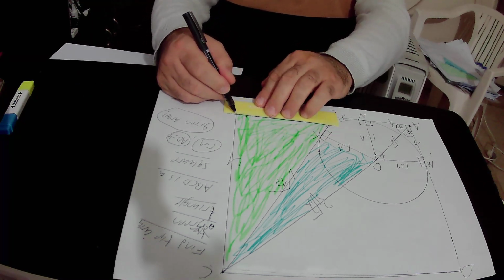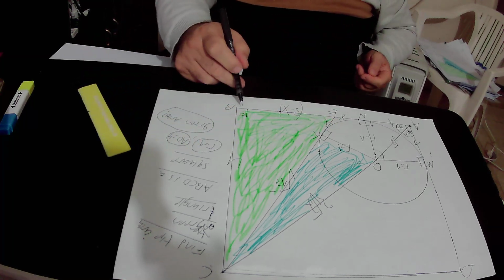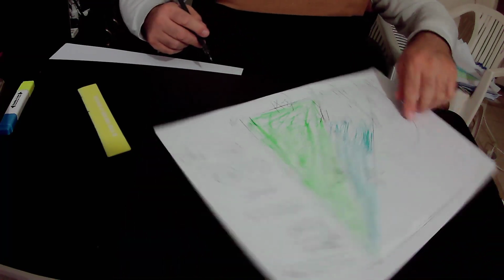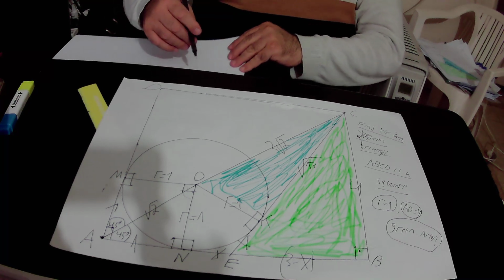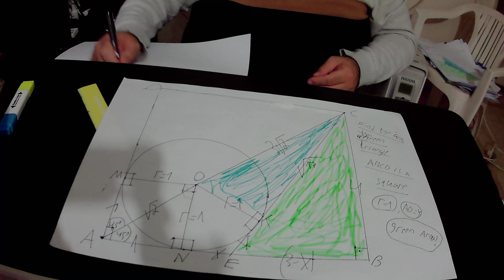So if this is a right angle, then the green triangle, triangle CBE, is a right triangle. So we focus on the right green triangle, triangle CBE.